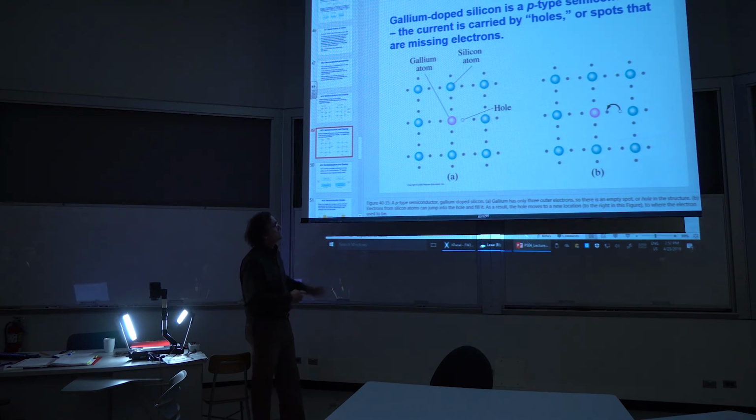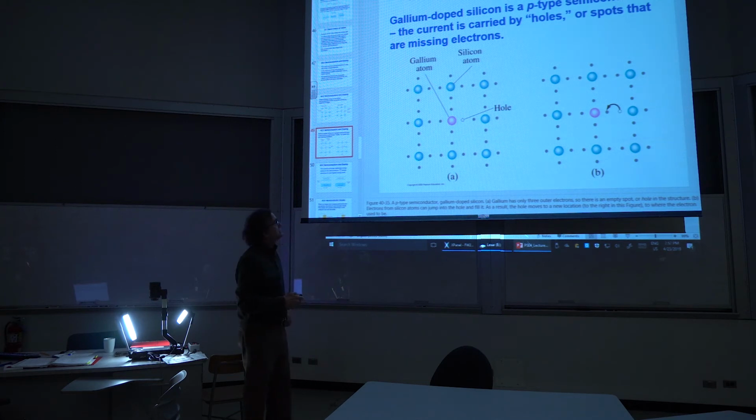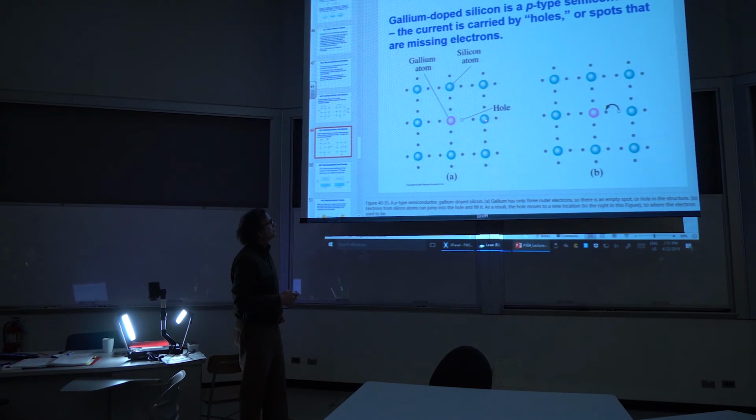So now what happens is, if I apply a voltage, then the electron moves from a neighboring atom. Let's say I apply an accelerating voltage that will push electrons from right to left. Then this electron here, the neighboring one, fills in this hole, and that leaves a hole on this one.